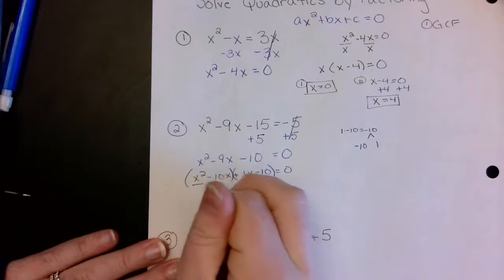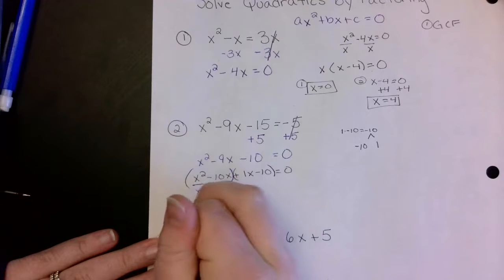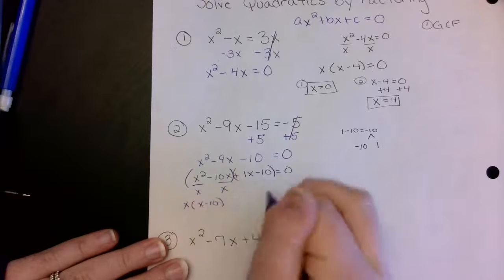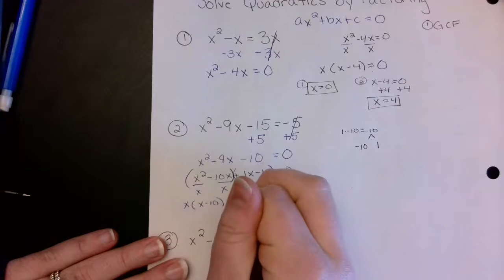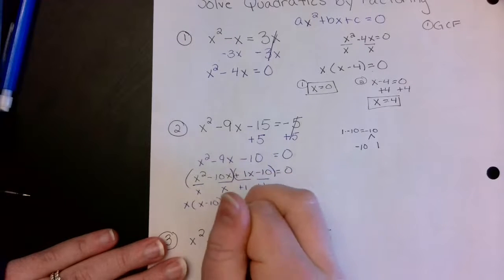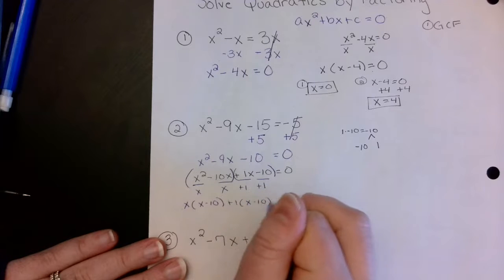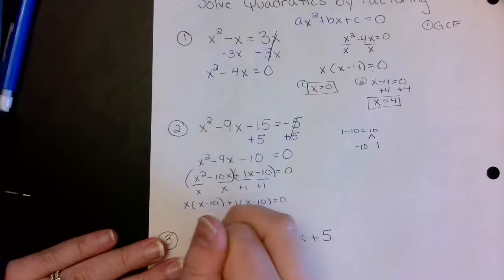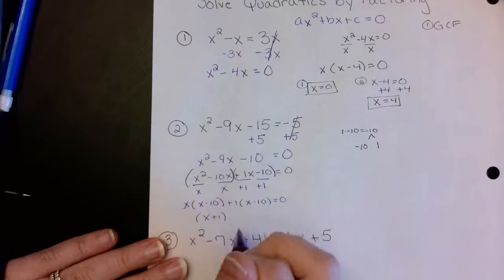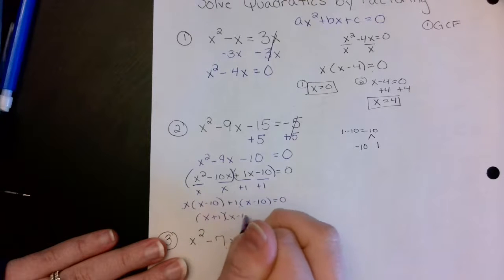Okay, there's an x that goes into both of these, leaving x minus 10. And then the greatest common factor here is just a positive 1 plus 1. So x plus 1 gets grouped together, and x minus 10.